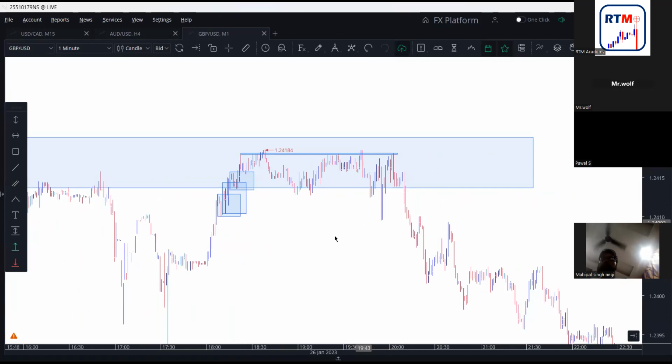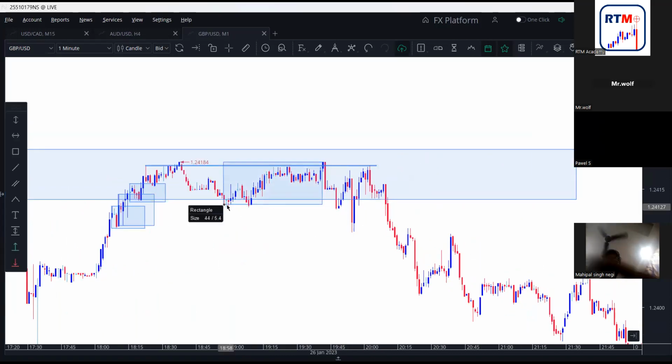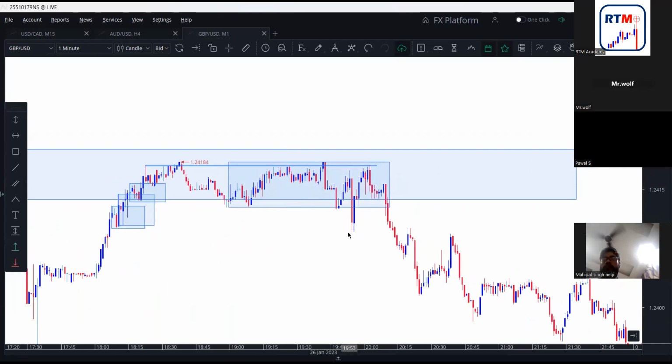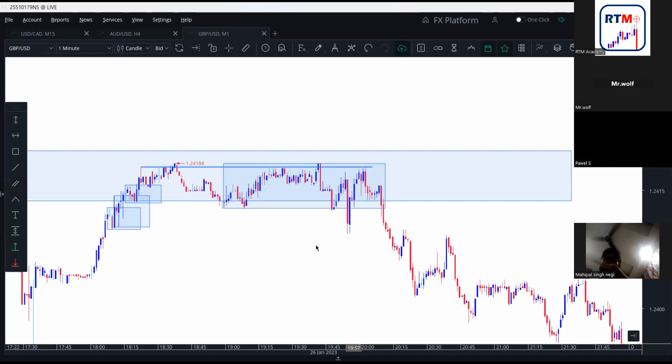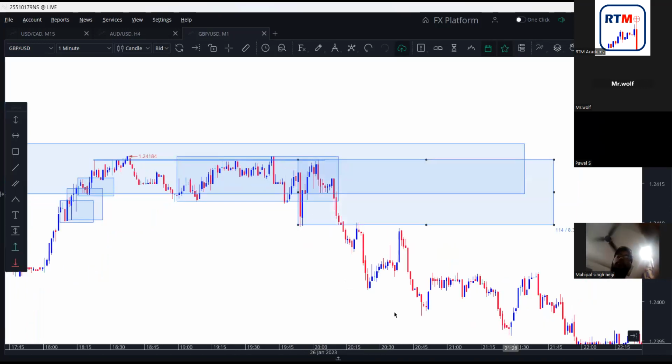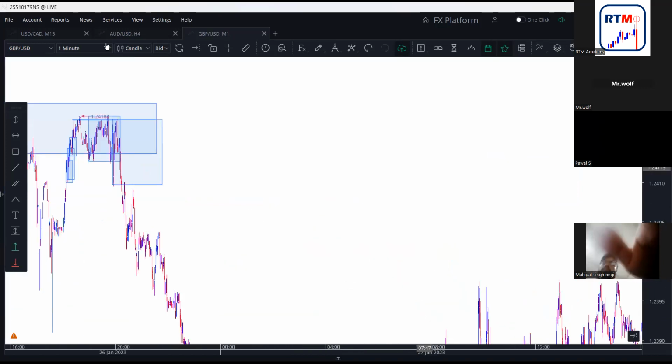So now the orders transmitted to this area. This is the way that we find the targets, guys. The orders transmitted to this area, and you see when it was proved, it got back to this area again. And the orders are now in this area. So let's see what happens in the future.